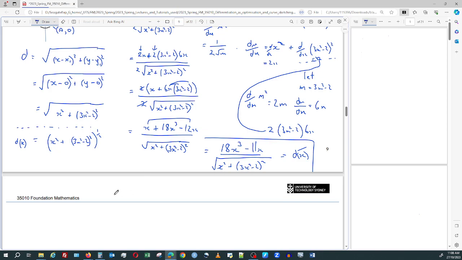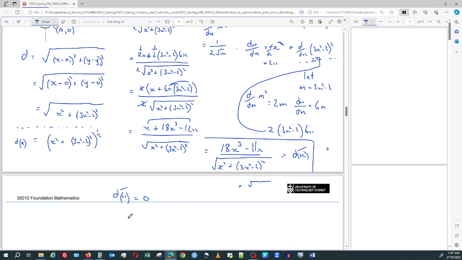Now the question then becomes, when is d dash of x equal to 0? So we have to solve this quotient, okay? And that'll tell us some points where it's 0. So if we multiply through by the bottom, that'll get rid of the thing there.